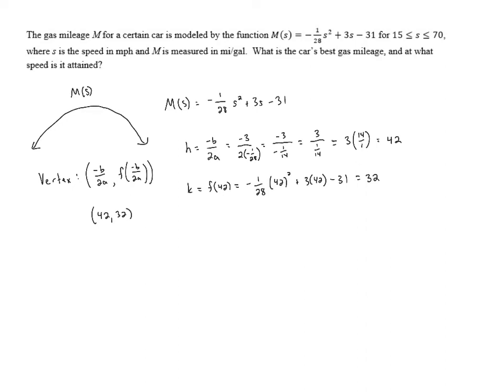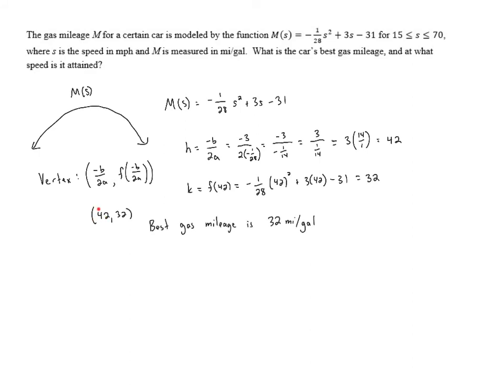Now let's talk about what this means. Remember, the y coordinate of the vertex is going to be our maximum function value. So 32 is going to be the maximum gas mileage, or the best gas mileage, and that's represented in miles per gallon. So the best gas mileage is going to be 32 miles per gallon.